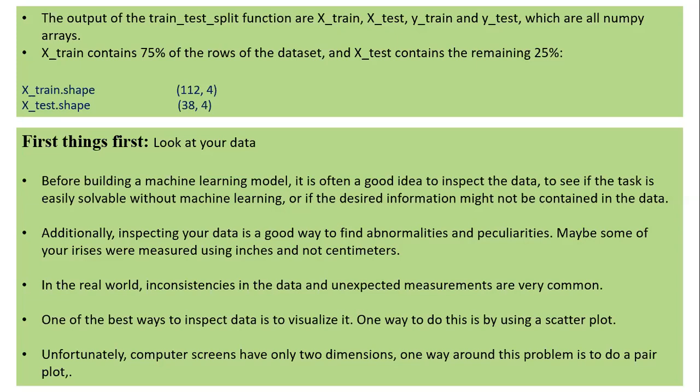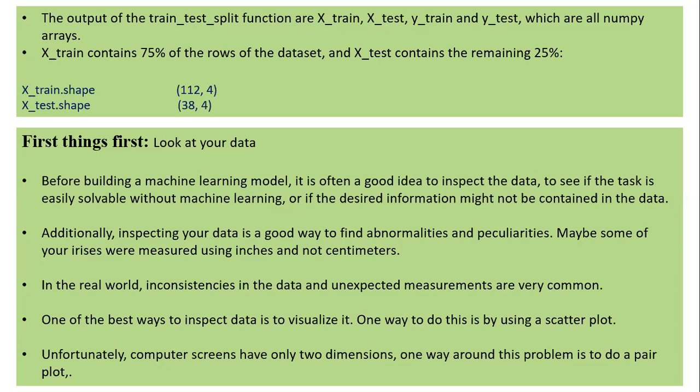Like in the second bullet, let's suppose we have some data in centimeters and some in inches. First you need to bring those data to a common scale. In the real world, inconsistencies in the data and unexpected measurements are very common. If there are inconsistencies, your model will not perform well.